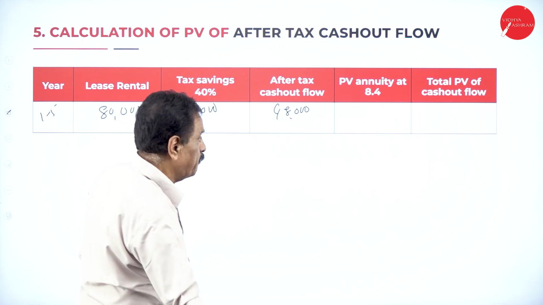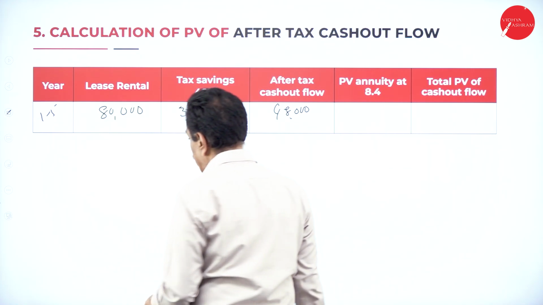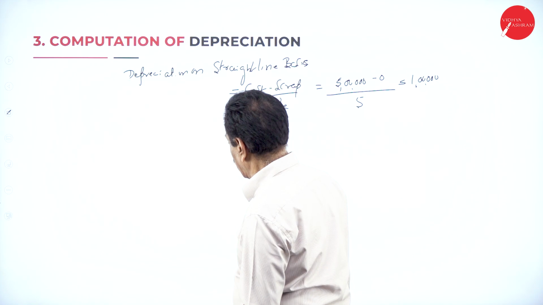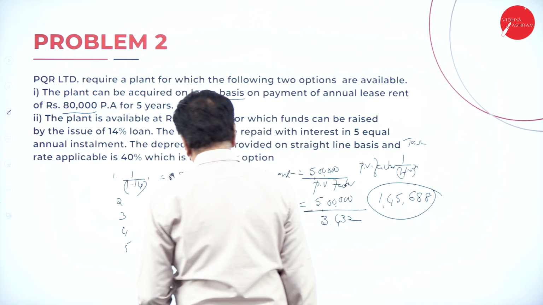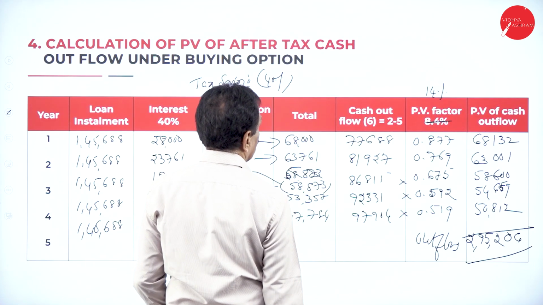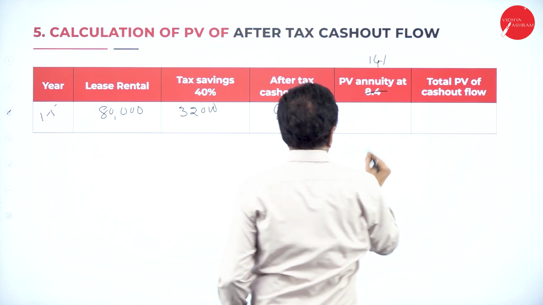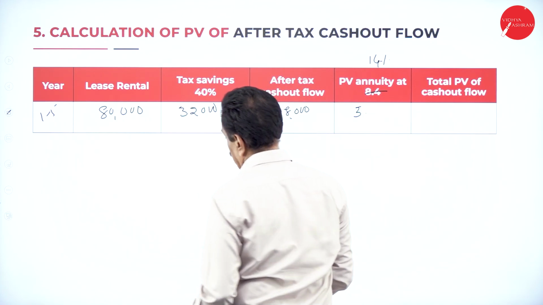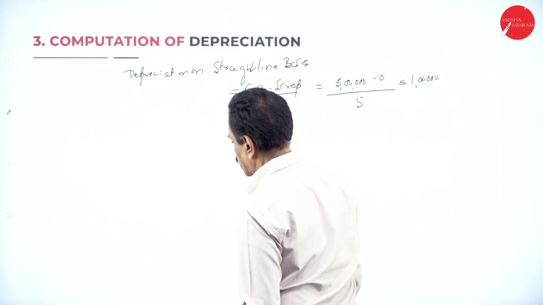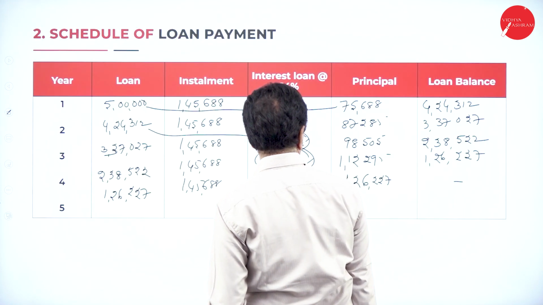PV factor for 5 years. You have already done the PV factor for 5 years, 3.432.